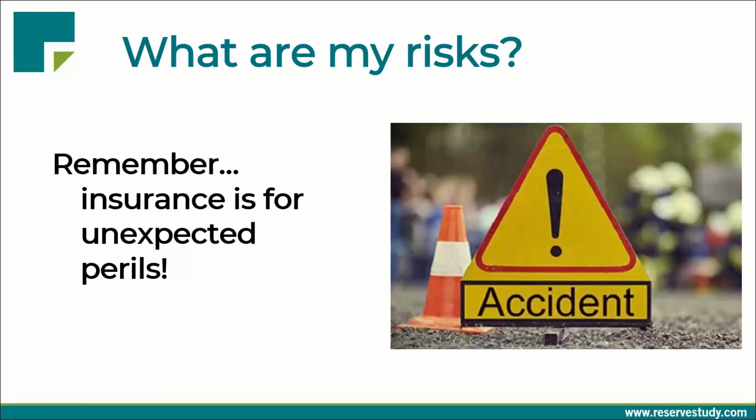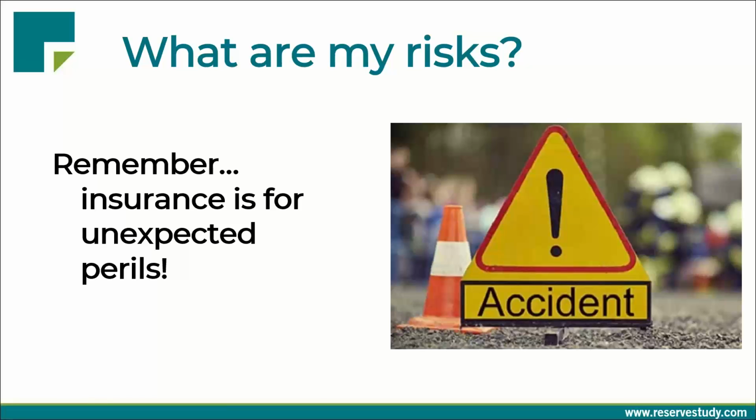So what are the basic risks in a community association that you have to protect? There are two things. One is unexpected perils. That's what we all know about. How many of us would live in an association and not yell and scream if the board wasn't purchasing insurance? We protect ourselves with respect to unexpected perils, and they may never happen.